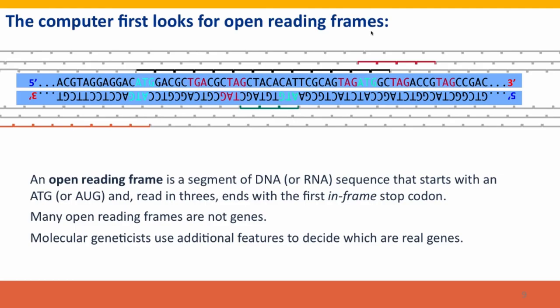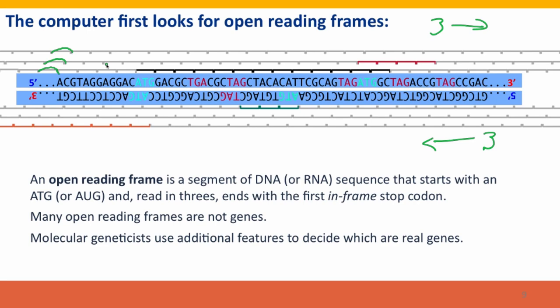Now, to think about this, we need to first build on the concept of reading frames that we developed in the last lecture. We talked about how there are 6 reading frames in any double-stranded DNA: 3 frames going that way, 3 frames going that way. And we can mark off the three base codons in 3 different ways, depending on where we start.